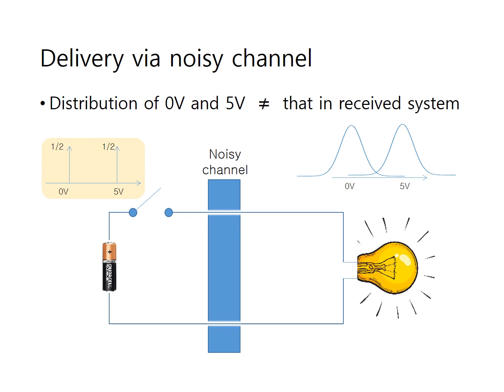The second way is to make the voltage difference between the two symbols larger. Even if the noise distribution is the same, the area where the two probability distributions overlap will be reduced if the voltage becomes, for example, from 5 volt to 10 volt. Then the overlapping area will be reduced and the bit error rate will be reduced.